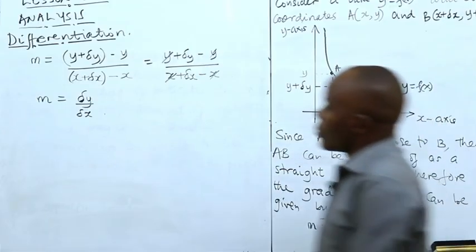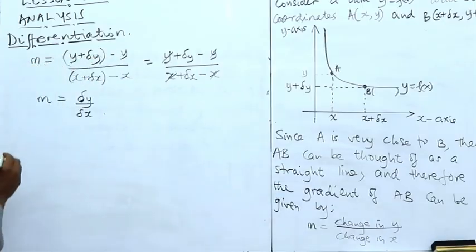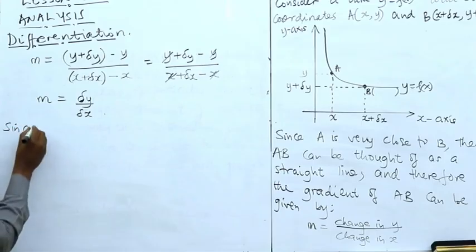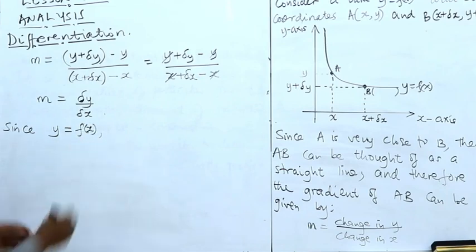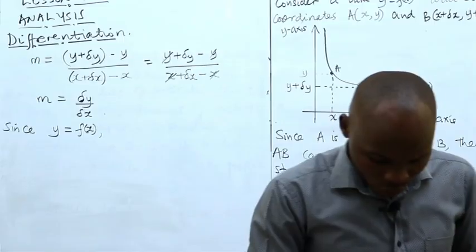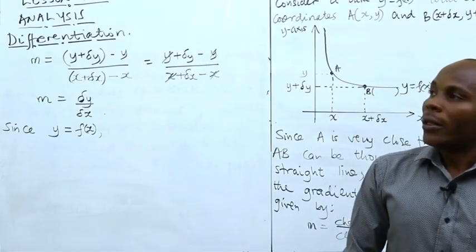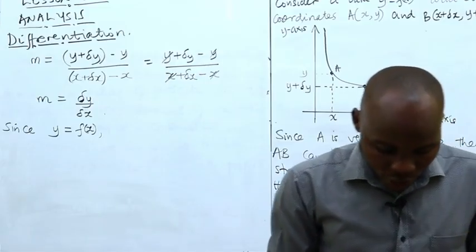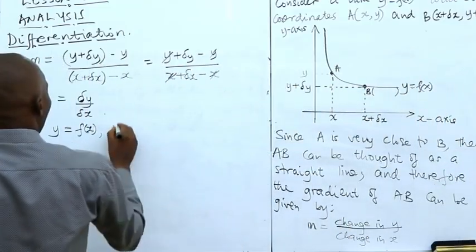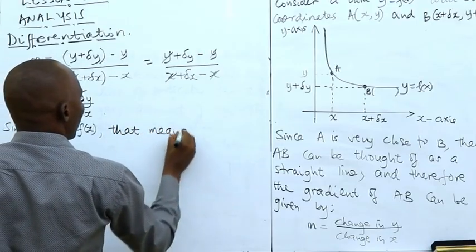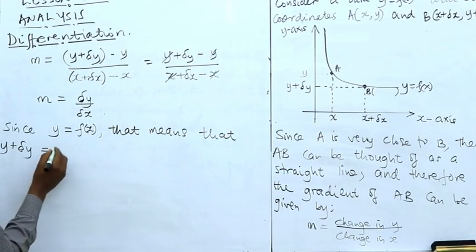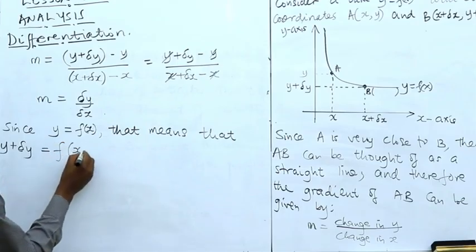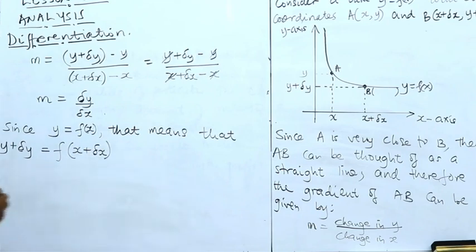Now, since y = f(x), that means y + delta y = f(x + delta x).